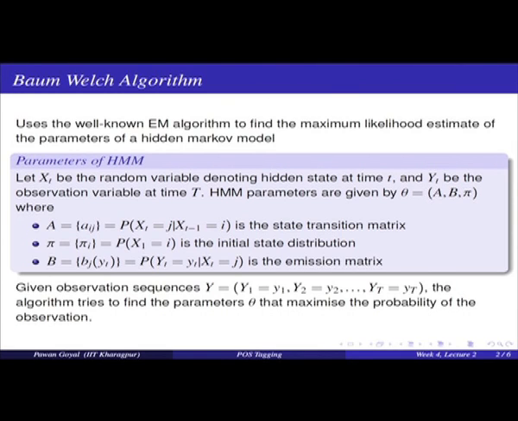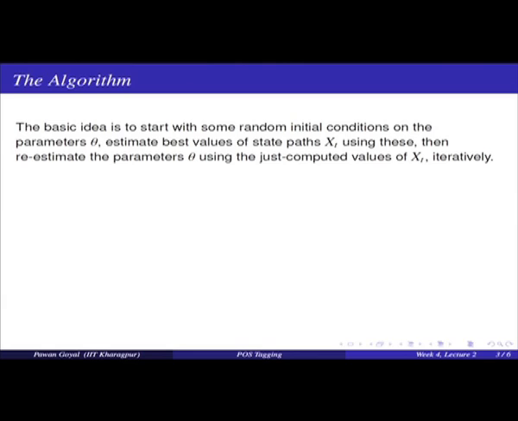So what is the main intuition of EM? I want to estimate the parameters A, B, and pi. I will start with some random initial probabilities for all these parameters.